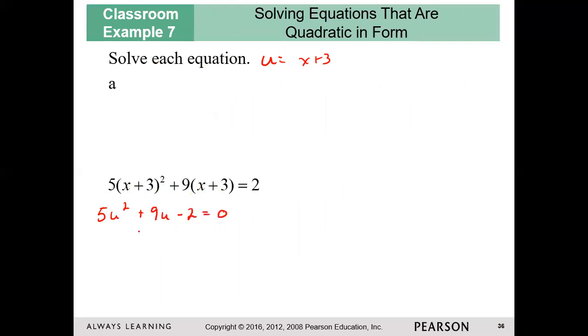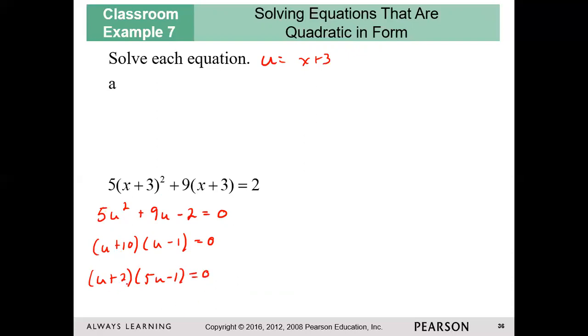Remember, you want everything on the same side of the equation. This is factorable, so u plus 10, u minus 1 equals 0, and our a value is 5, so we bring it back down. u plus 2 and 5u minus 1 equals 0.